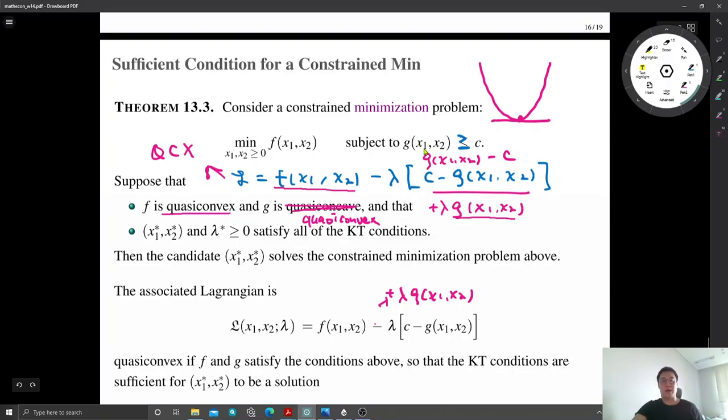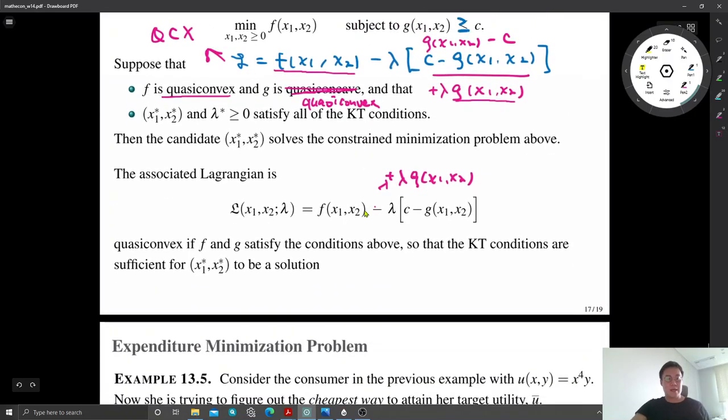In this case, if the g function is required to be larger than or equal to c, then function g must be quasi-concave, because now we have a negative sign in front. In order to make this Lagrangian globally quasi-convex, function g must be quasi-concave.